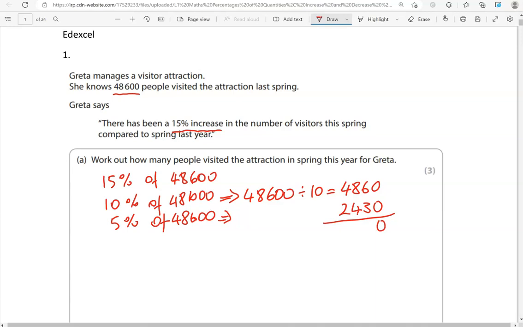0, 6 and 3 is 9, 8 and 4 is 12, so 2 down, 1 carried over, 4 and 2 is 6 and the 1 is 7. 7,290 is equal to 15% of 48,600. So that's the 15% increase. We're going to add it on top of 48,600.